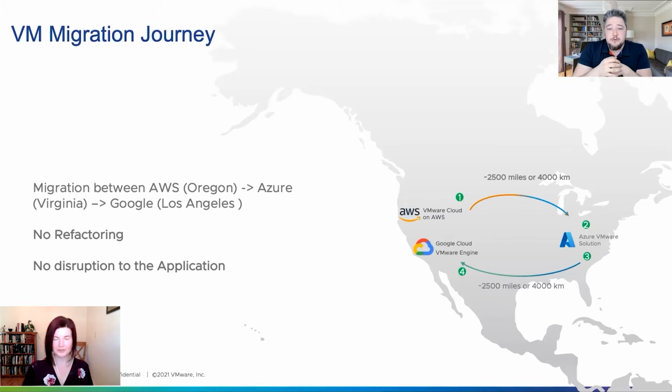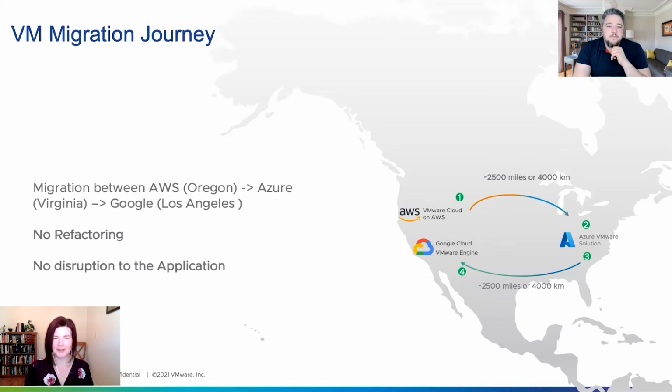Then we do the same, moving from Azure VMware Solution back to Google Cloud VMware Engine. So traveling again 4,000 kilometers, live, without refactoring, without changing IP addresses, without changing anything on the application level itself, just by clicking some buttons, and the application flies in the backend over to the next hyperscaler.